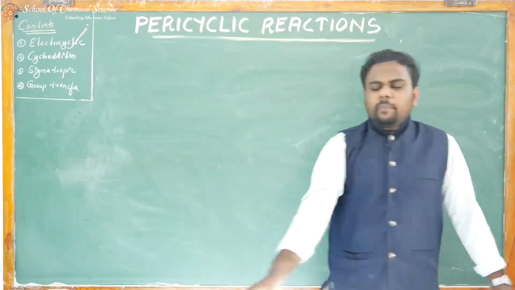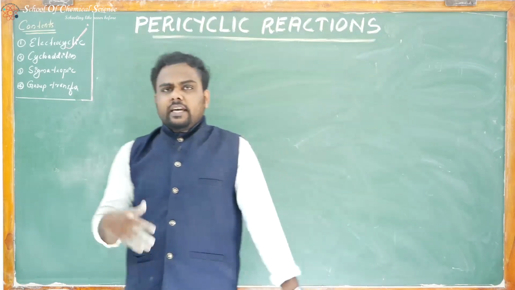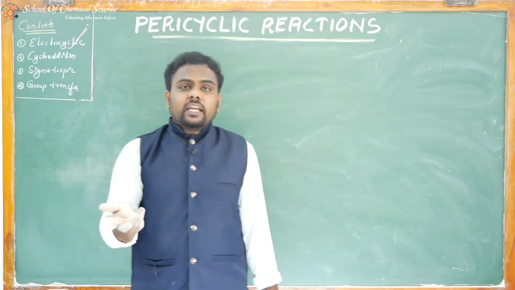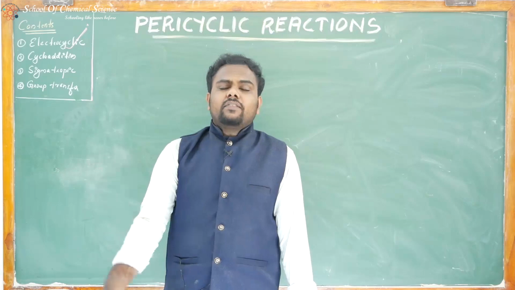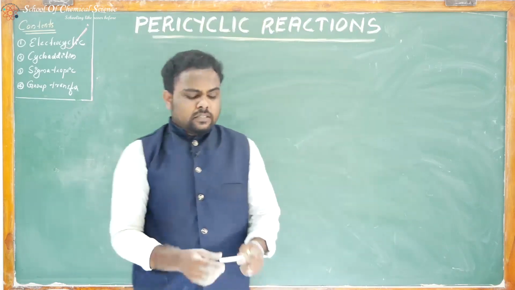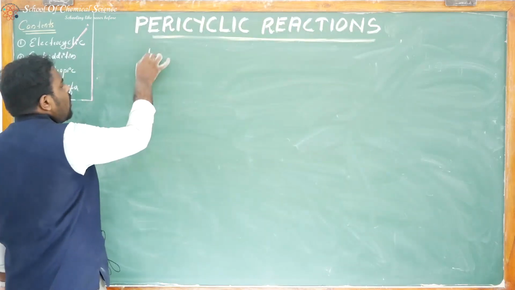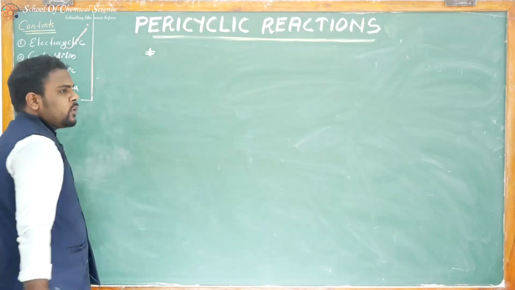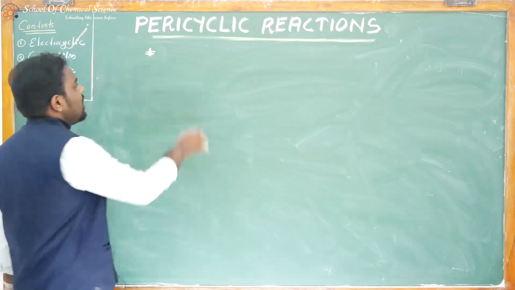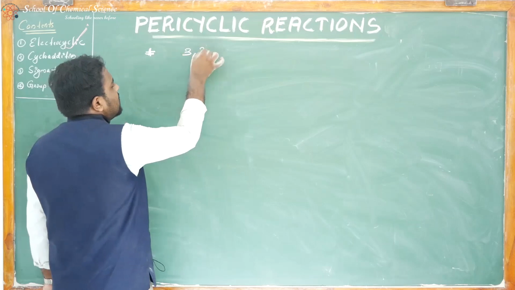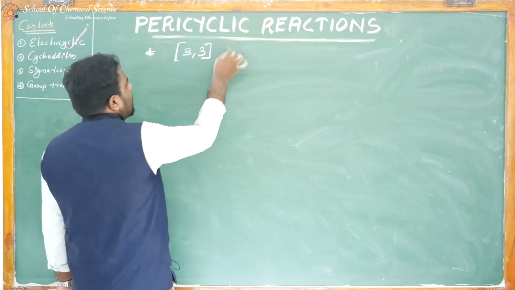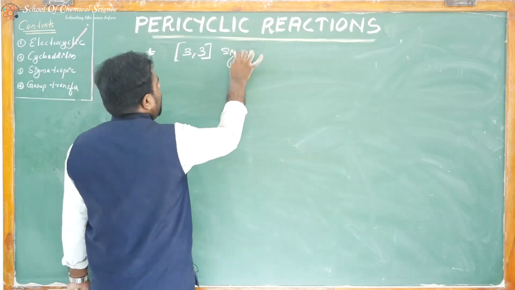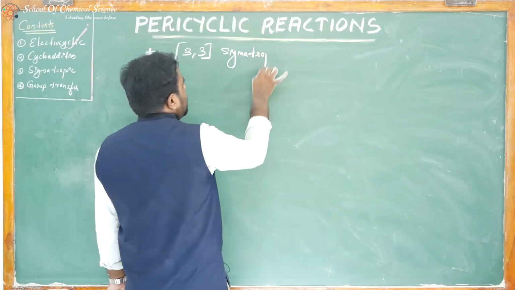Many sigmatropic rearrangements are there: 1,3, 2,3, then 3,5. Among these, the most important for your CSIR NET and GATE exam is the 3,3 sigmatropic rearrangement.